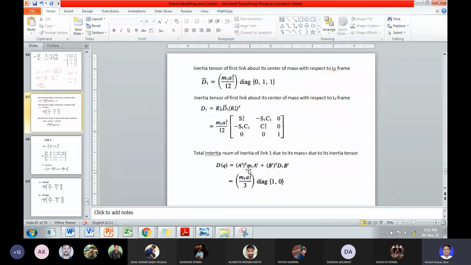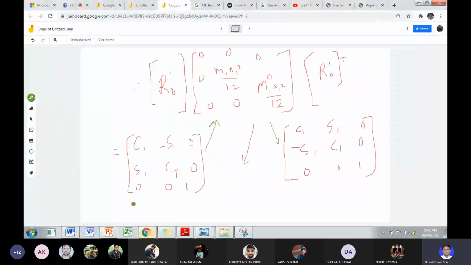A1 is the A part of the Jacobian matrix of link 1, and B1 is the B part of the Jacobian matrix of link 1. So you do it on your own. How have you obtained this equation? Let's do it, and we will also do it and show. You also do it and we also do it.